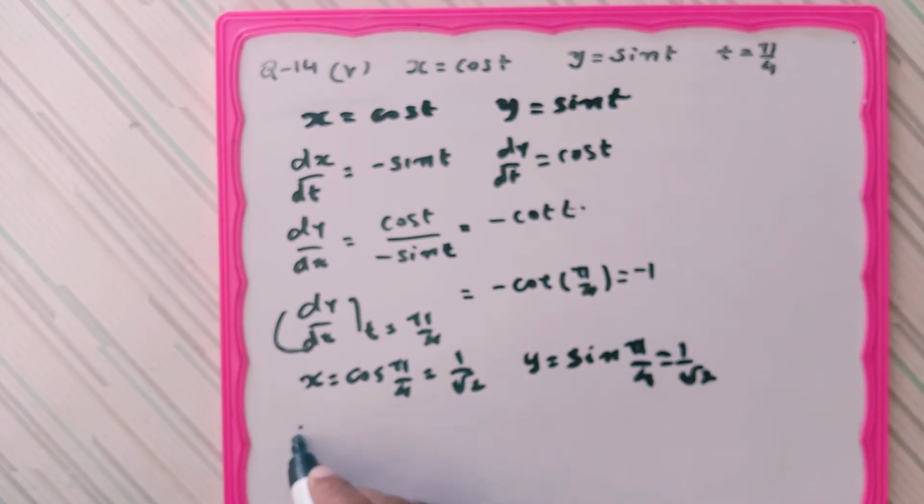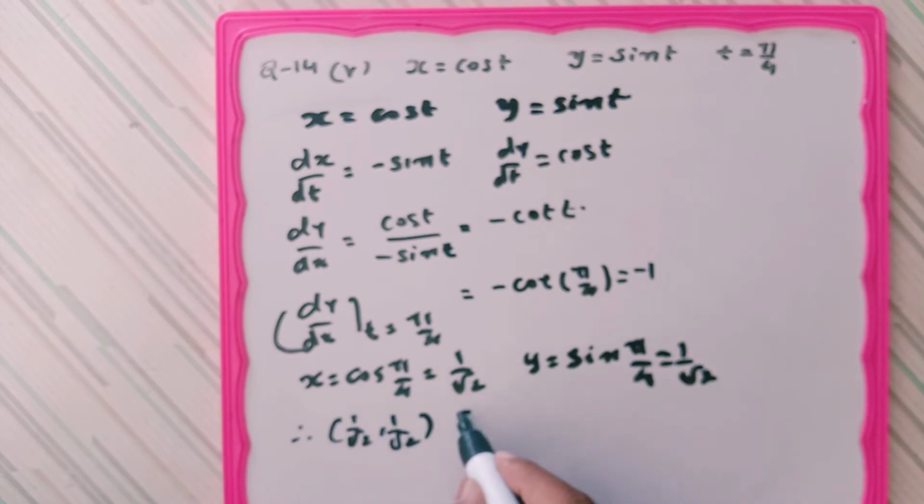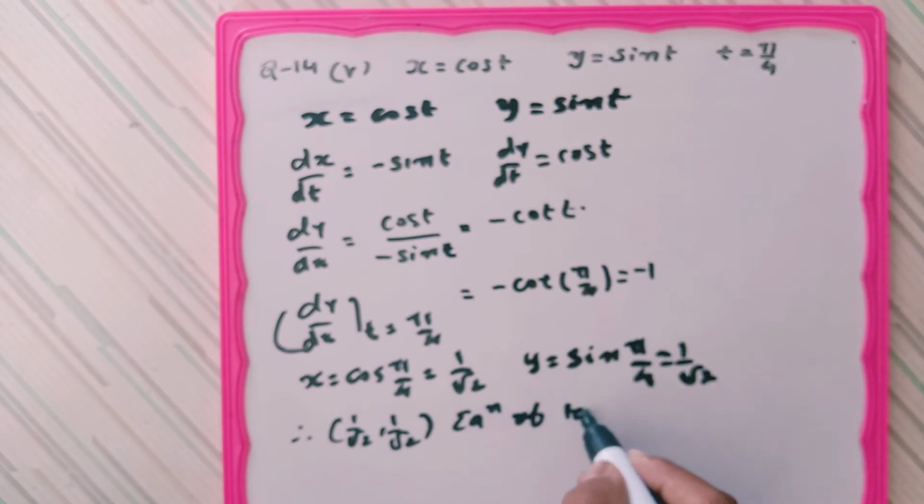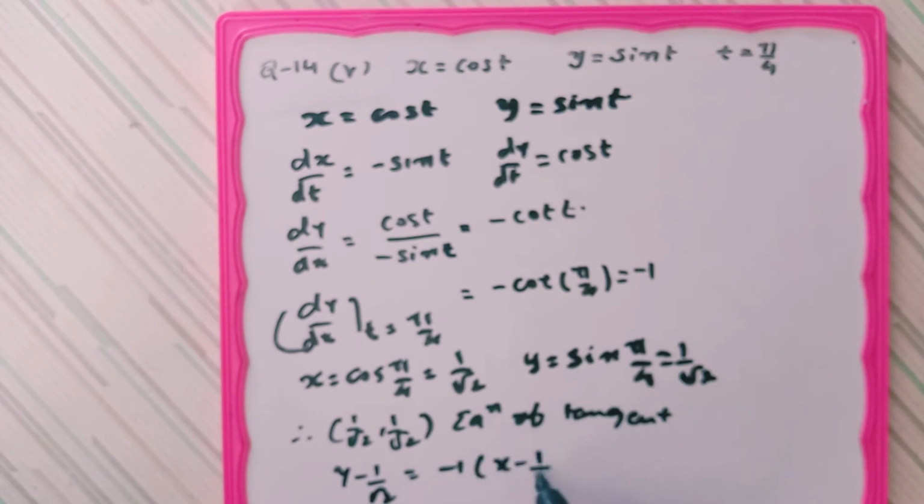Therefore, at (1 by root 2, 1 by root 2), the equation of tangent will be y minus 1 by root 2 equals minus 1 into x minus 1 by root 2. So we can write y minus 1 by root 2 equals minus x plus 1 by root 2. So x plus y minus 2 by root 2, meaning root 2, equals 0.